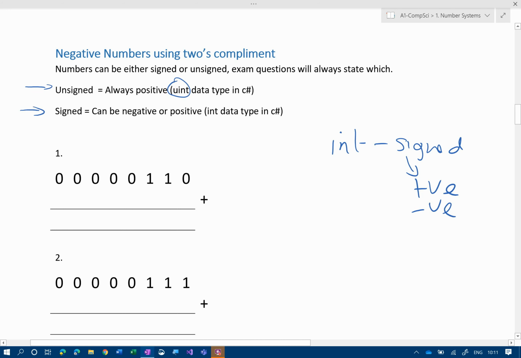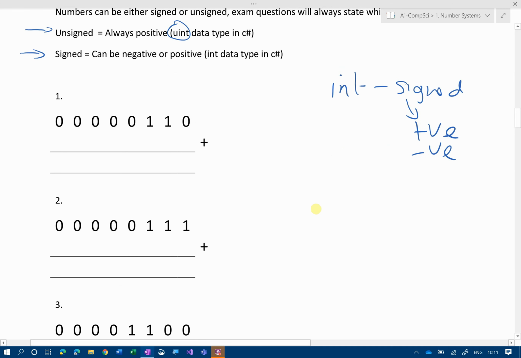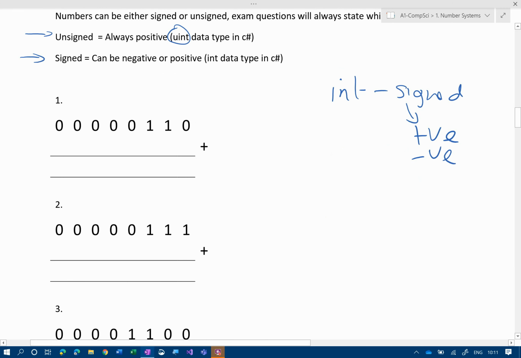Right, now there's something we're going to be looking at here. This number here is equal to 6. Now below it, I'm going to write minus 6.